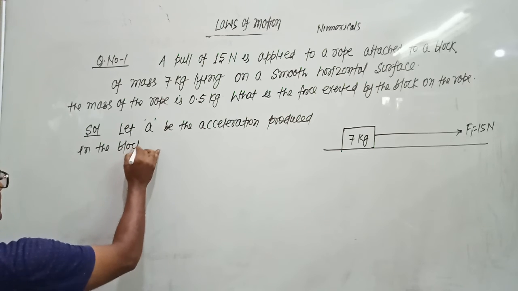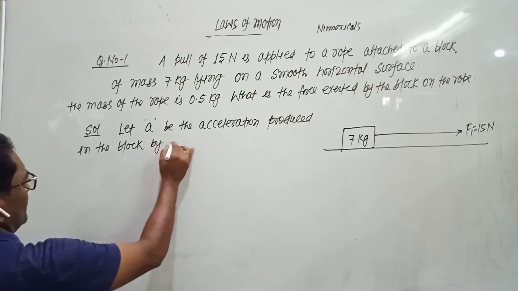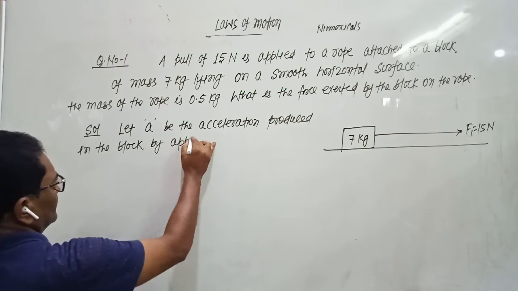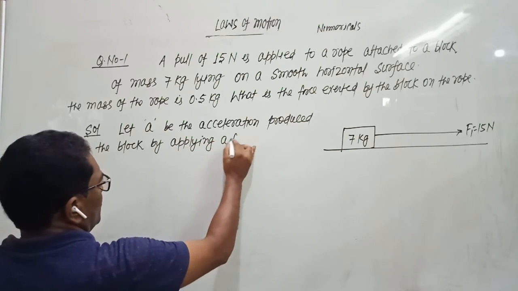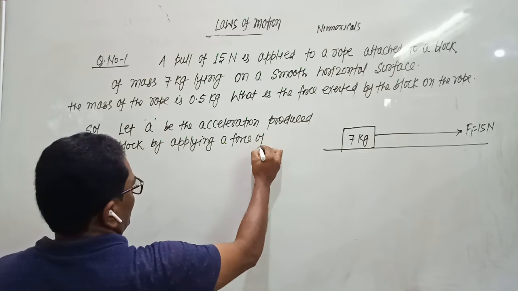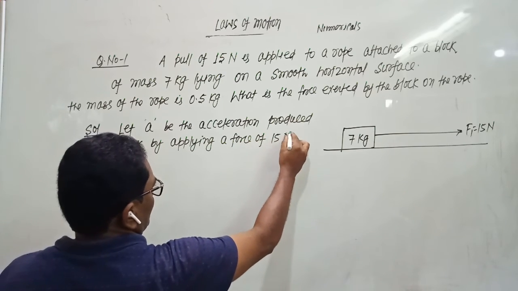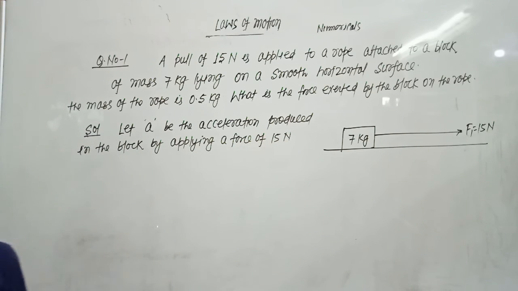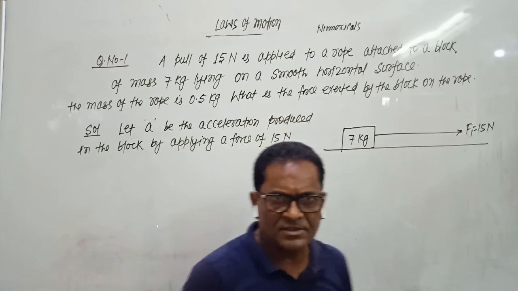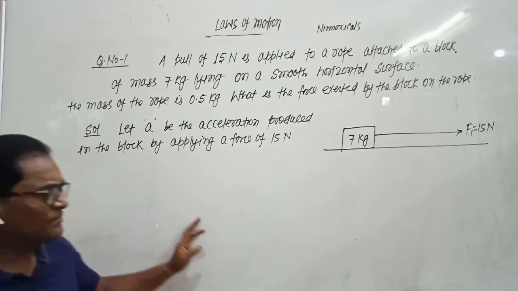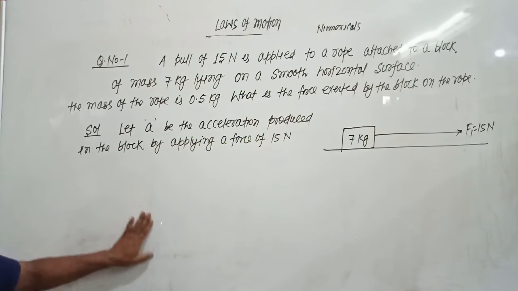By applying a force of 15 Newton on a block of mass 7 kg, suppose A is the acceleration produced on the block.